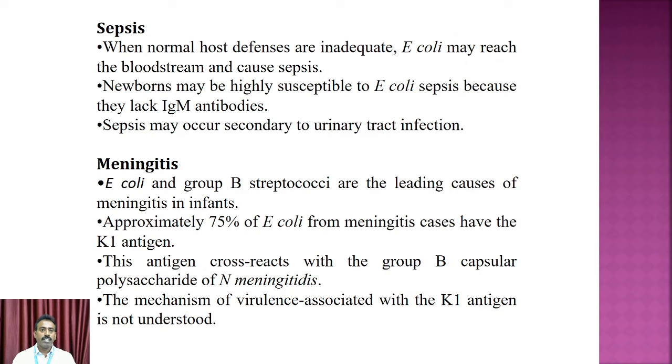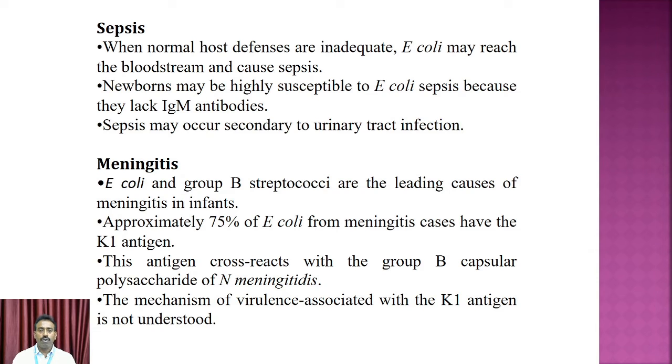Sepsis: when normal host defenses are inadequate, E. coli may reach the bloodstream and cause sepsis. Newborns may be highly susceptible to E. coli sepsis because they lack IgM antibodies. The sepsis may occur secondary to a urinary tract infection. Next one, meningitis.